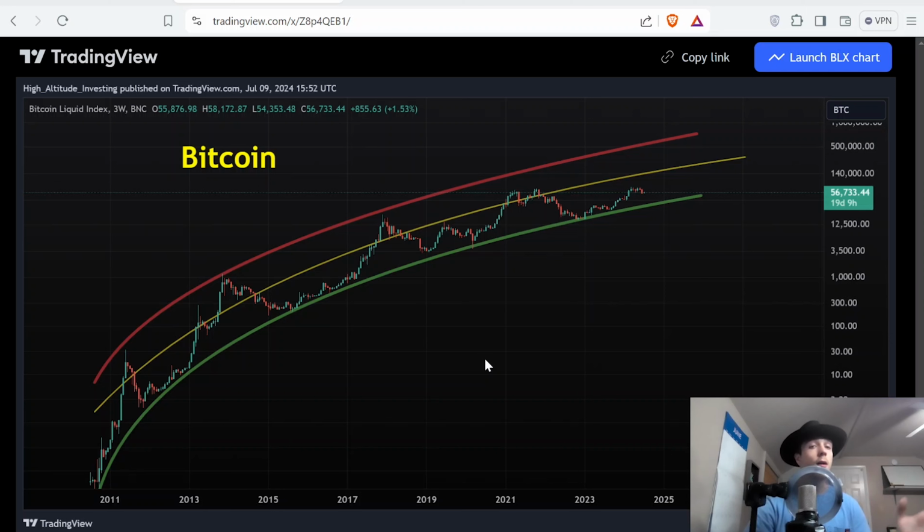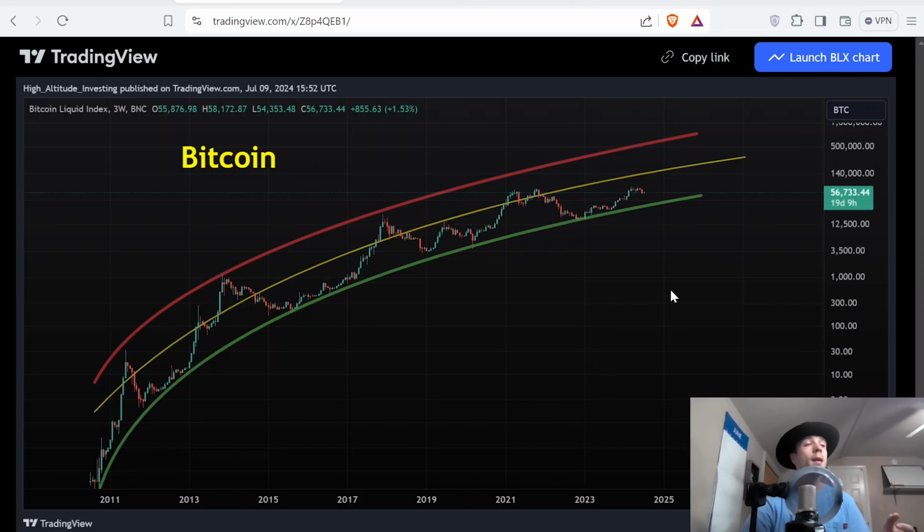I'm not going to try to call a top on this unless I may be talking about that closer to a top on the stock market, but until the stock market gets overvalued, I'm not going to call a top on Bitcoin. And for me, the stock market is just barely getting into that blow-off top phase where it's going to get super overvalued over the next 5 whatever amount of years before it tops out.